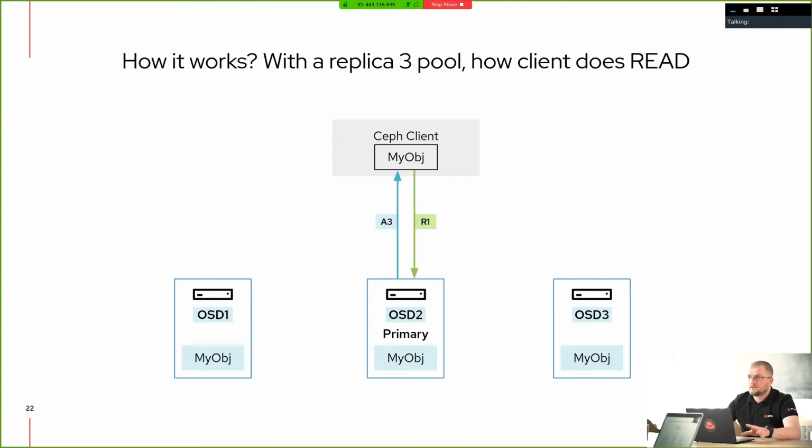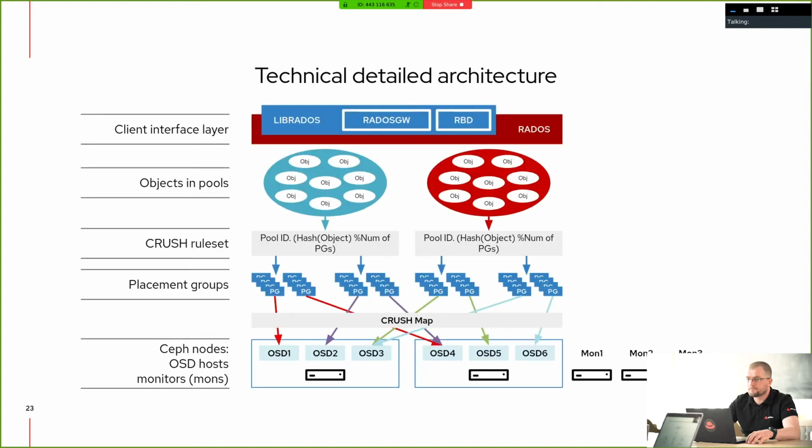The read is much simpler. If the primary OSD exists and is working, then you just read your object from this disk. That's all. It's easy and simple. This picture is a little complicated because now you see every single piece built inside Ceph. You see the access layer: RADOS Gateway, RADOS Block Device, or librados.